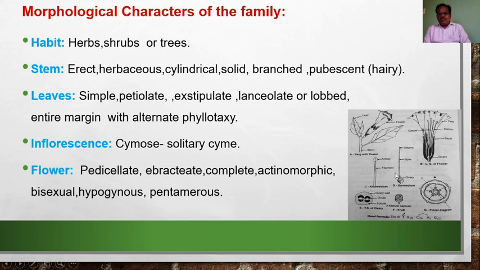Calyx and corolla: this is the calyx, green in color, and this is the white corolla. This is the androecium, and this part is the gynoecium. Green calyx, white corolla, these are androecium, and one of them in the center is the gynoecium.